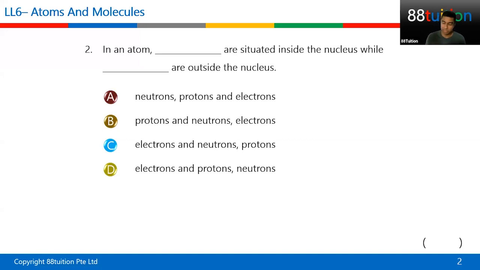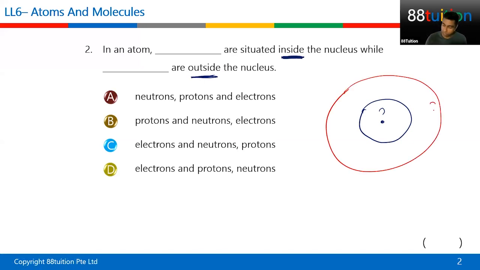What is situated inside the nucleus? I think I just drew it out. And what is outside the nucleus? Just now I drew it out. What is inside the nucleus? And what is outside the nucleus? So outside will be electrons. Inside will be two types of particles.